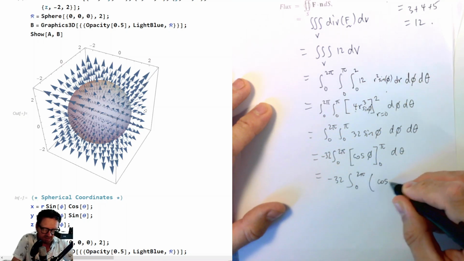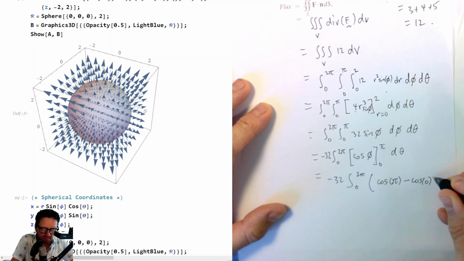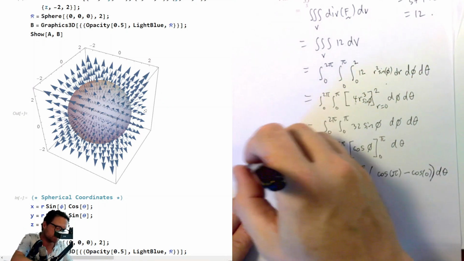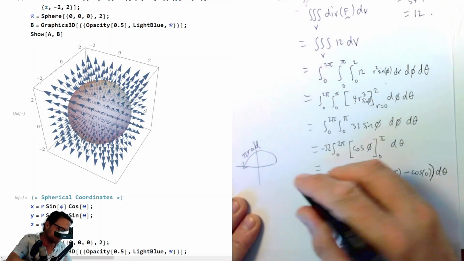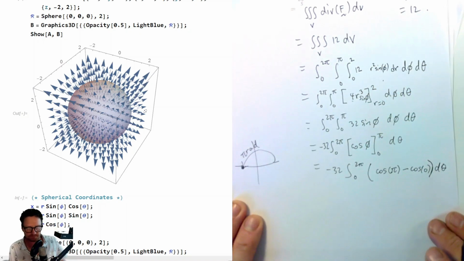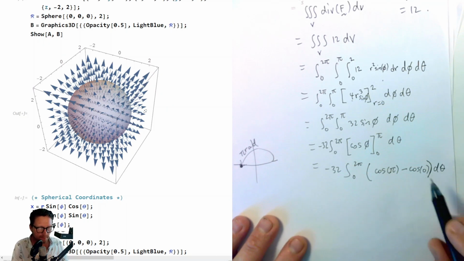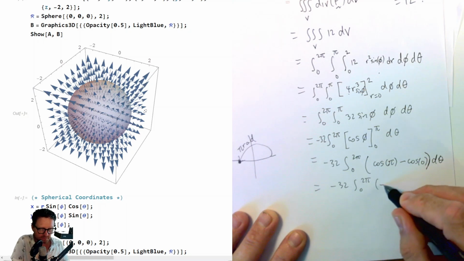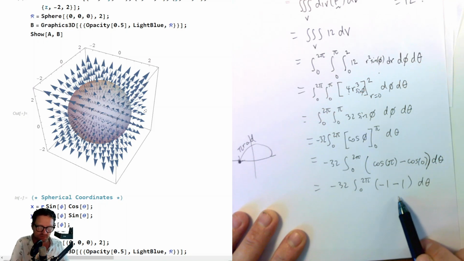So here we've got cos of pi minus cos of 0. All right, now cos of pi, think about this. It's all the way over here, pi radians. So that brings you to minus 1. Okay, now cos of 0 is 1. So we've got minus 1, minus 1. Okay, this is minus 2.